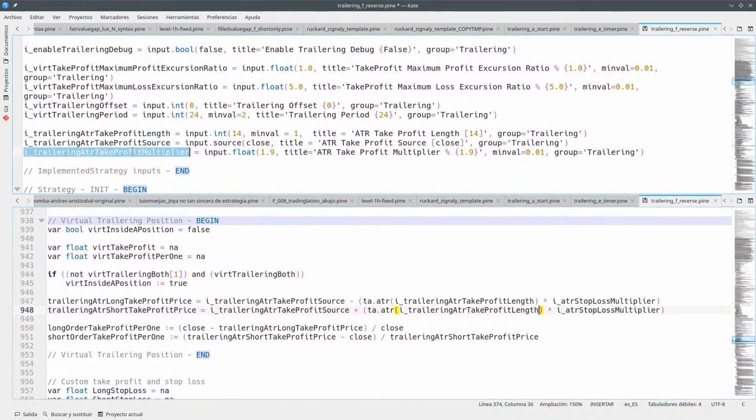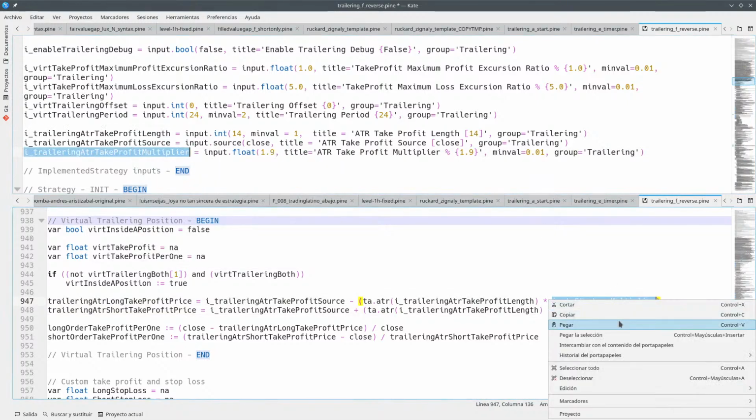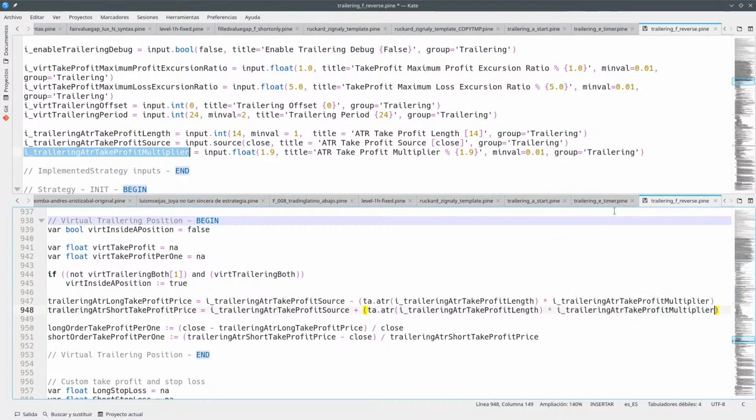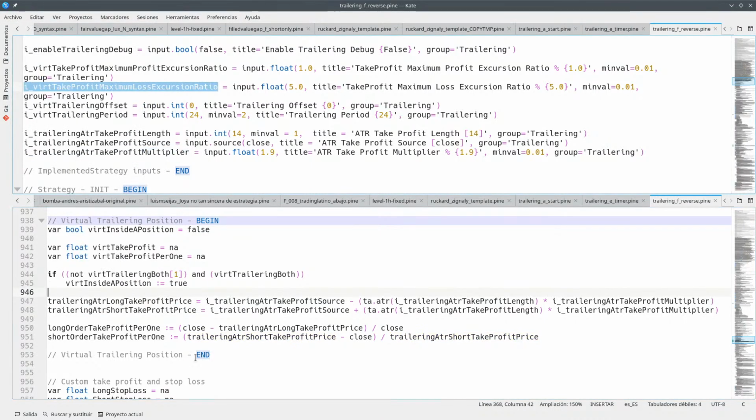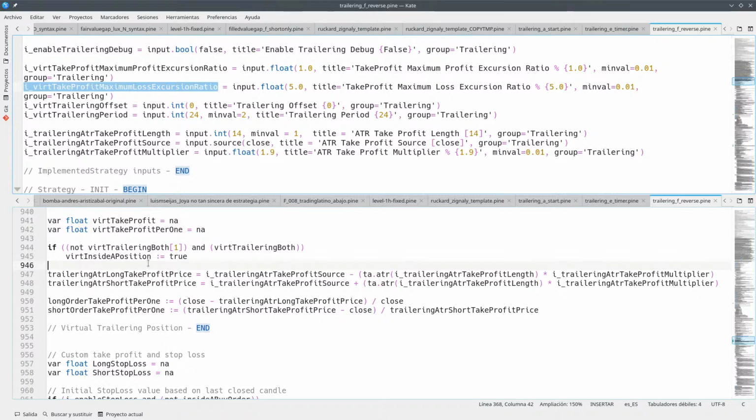And the multiplier is here also, and we are going to use it. So this is nice. Yeah, so the inputs have been replaced.